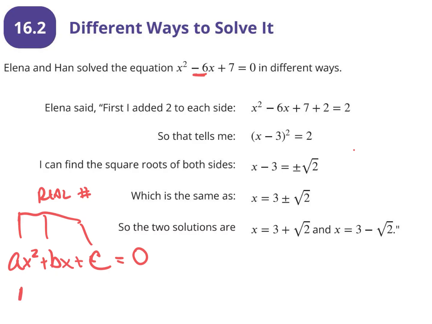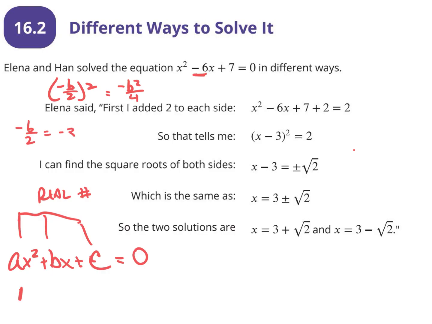Okay, so now when we complete the square, the formula is negative b divided by 2, then square it. And so you get negative b squared over 4, whichever it is. So now, we take our negative 6. We divide it by 2.